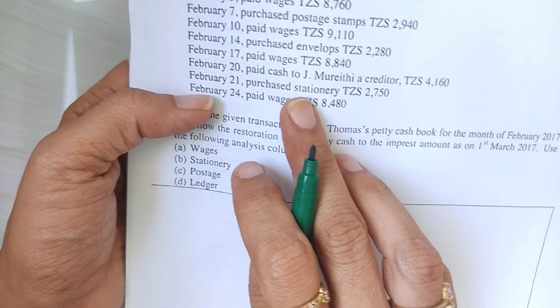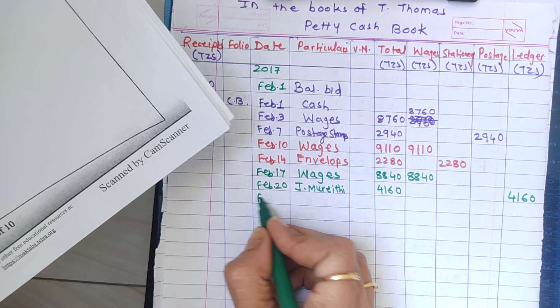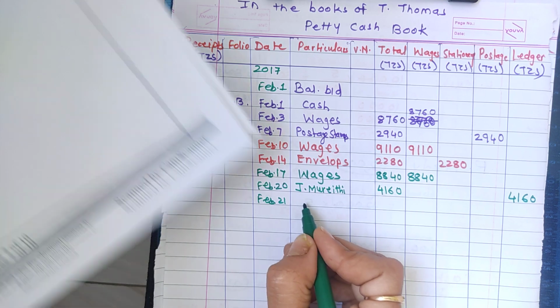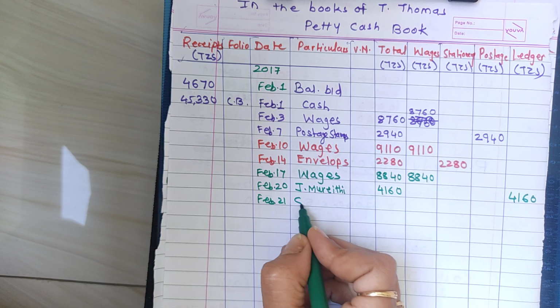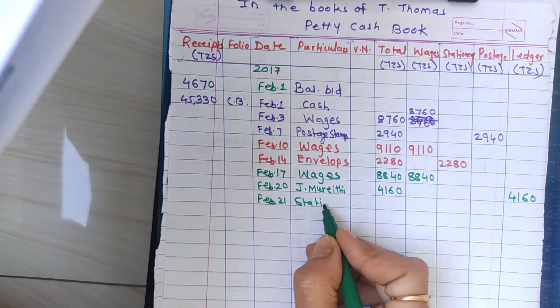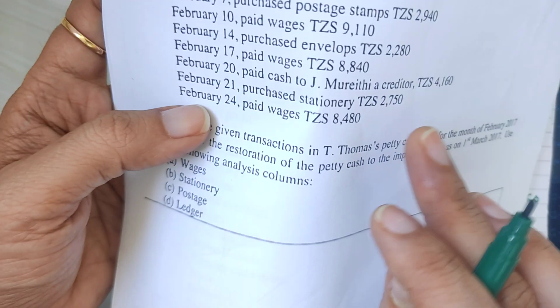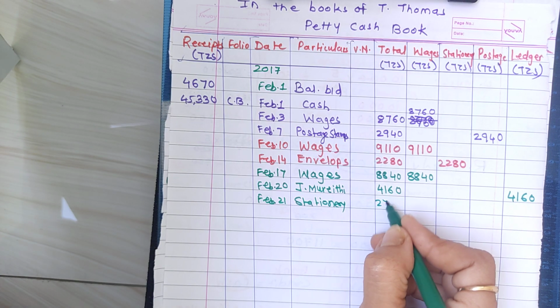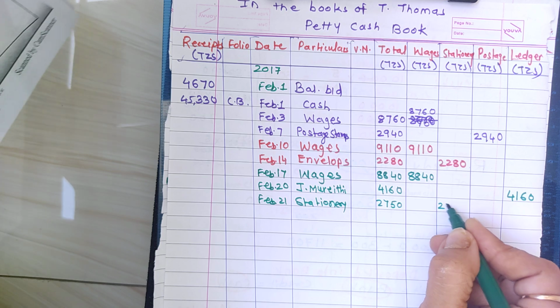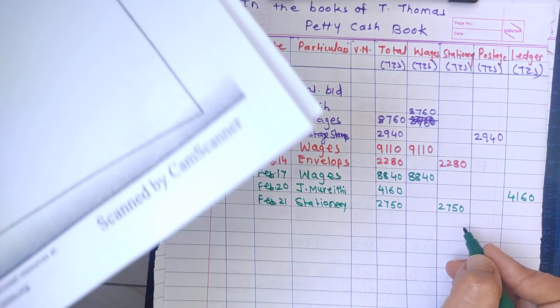Okay. Now the next one, purchased stationery, Feb 21. It is given just stationery, so mention the same word. Amount is 2750, and the second time you write down in the stationery column.